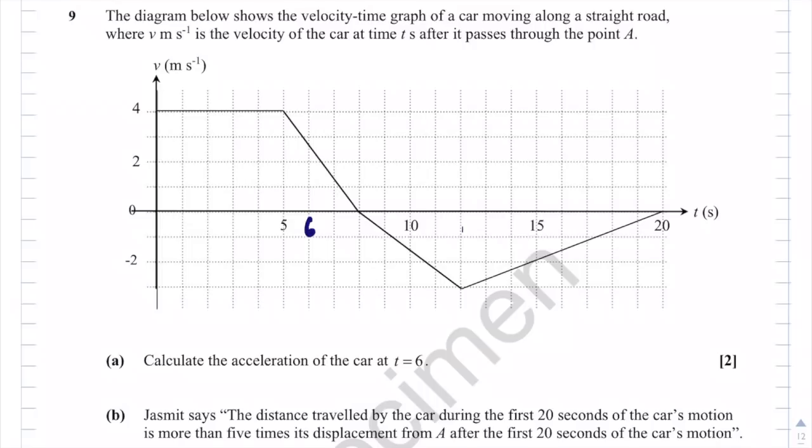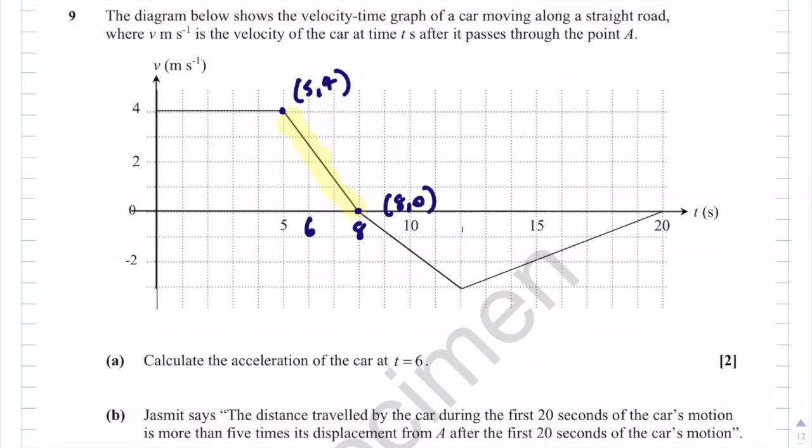Here we've got this downward slope, and that suggests constant deceleration between t equals 5 and t equals 8. What that means is the value for the acceleration is going to be the same between t equals 5 and t equals 8. So to work out the gradient, we would take this point here, which is the point 5, 4, and this point down here, which is 8, 0.